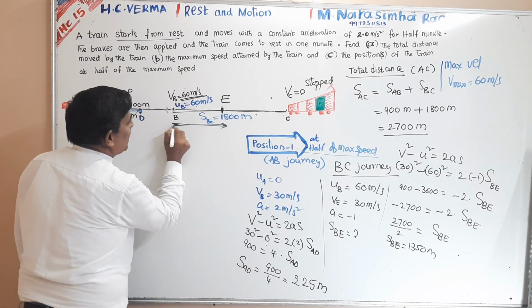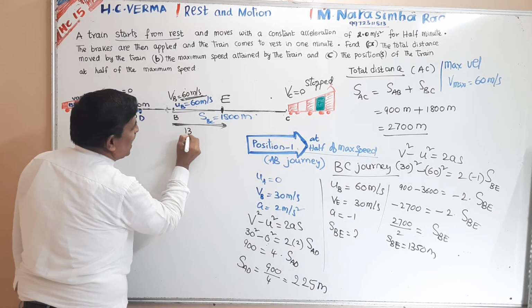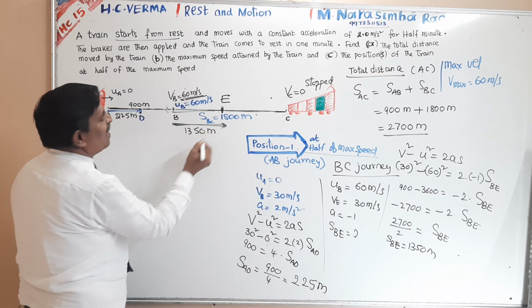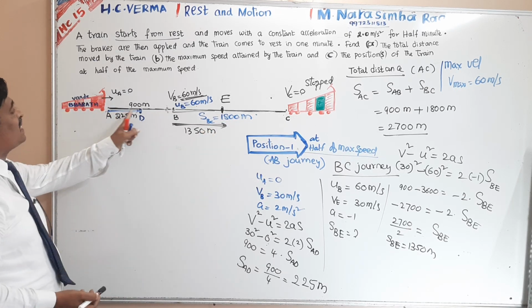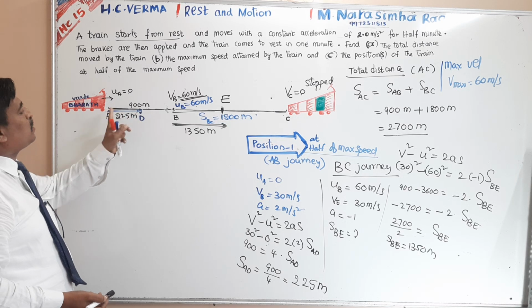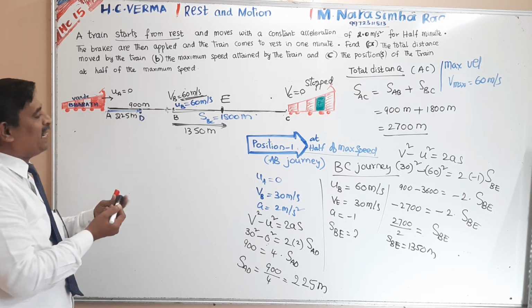This distance is 1350 meter. They are asking the positions at half of the maximum speed. First position is 225 meter.